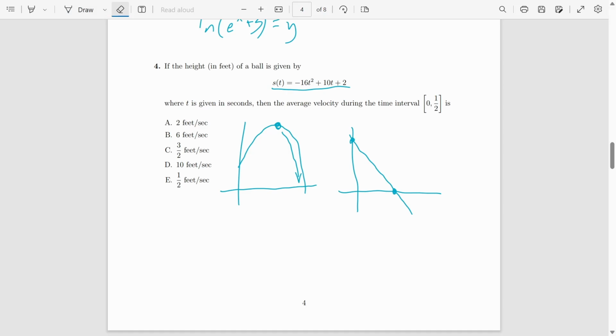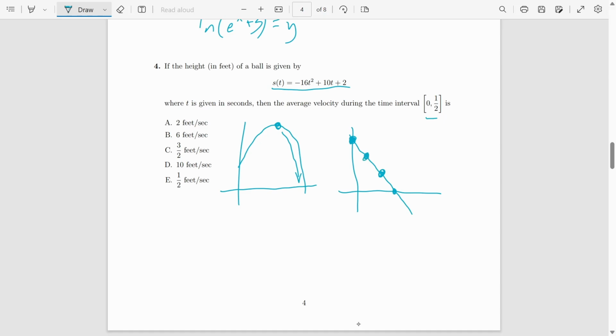And then what it's asking is the average velocity during this time interval. Basically just take the velocity, find the velocity function, find this value, and find some value at a half, and then average them. So basically just find this value.